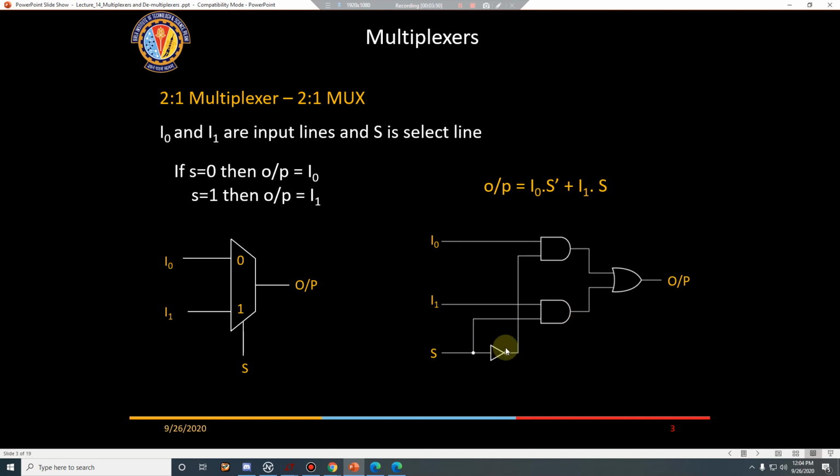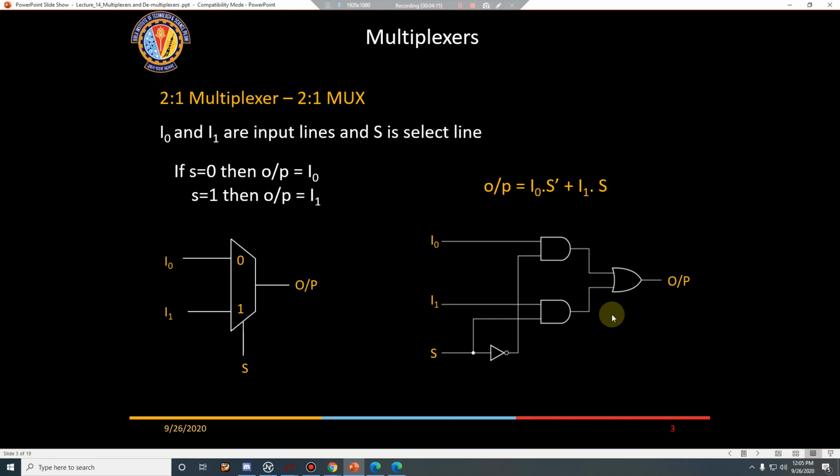Now I0 will be available here. If I0 is 0, it doesn't matter, you will get 0. But if I0 is 1, you will get a 1 here. So you will have VDD here and you will have ground here. So the VDD will get shorted to the ground. So you can't have that. You can't connect, so this OR gate is important out here. We need to have an OR gate.